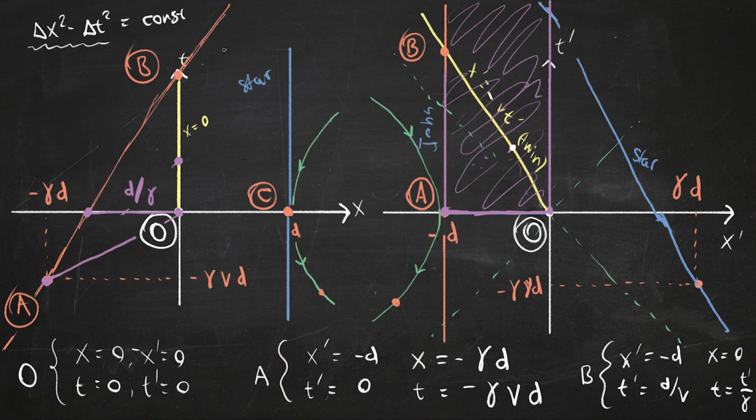You can just say x plus gamma d equals, and then this line is a speed v, isn't it? Because it's the spaceship moving at speed v, so it's going to be vt, and then don't forget to do t plus the gamma vd, like that. And that would be the equation of that line.